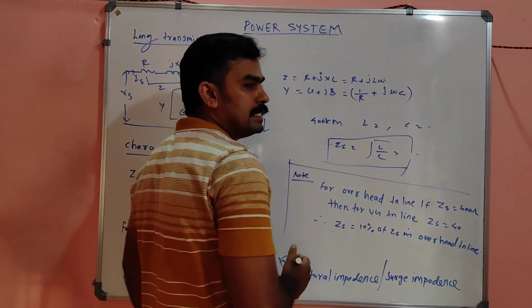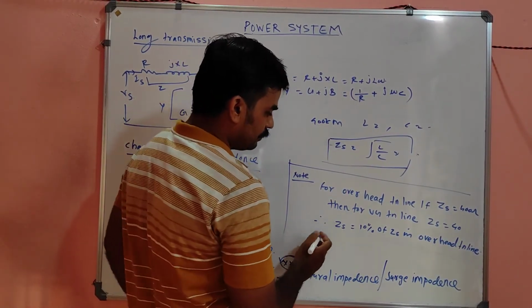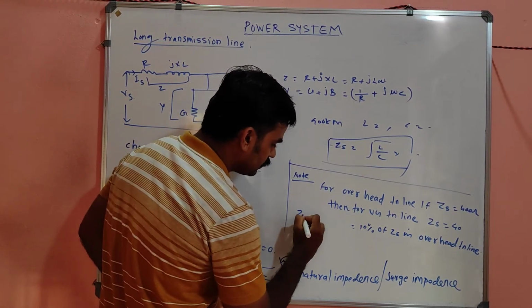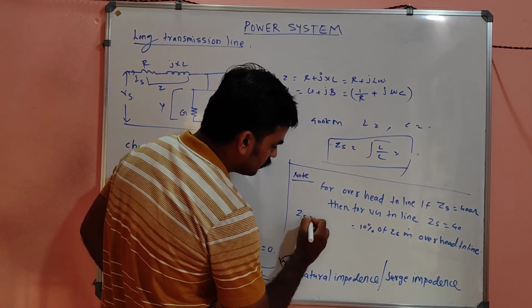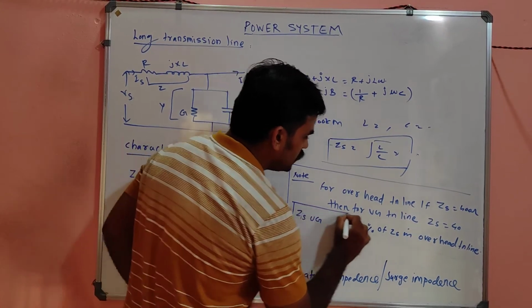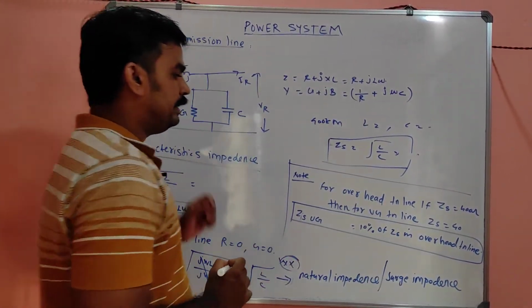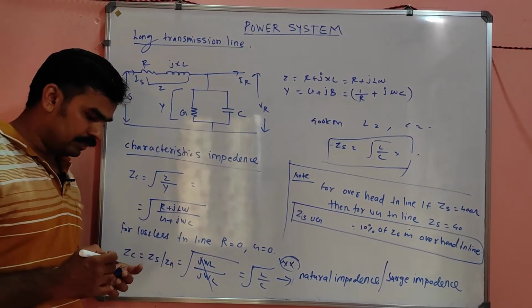Like this, ZS of underground will be equal to 10% of ZS in the overhead range.